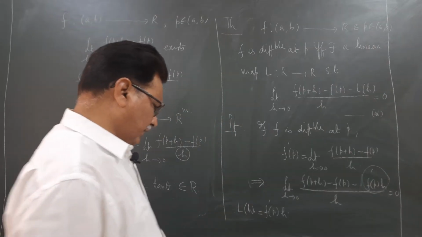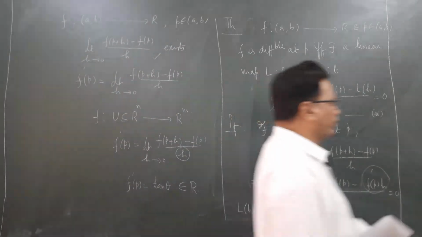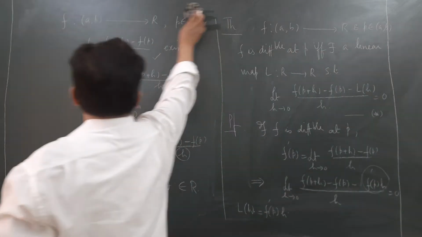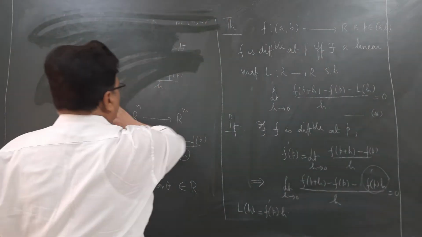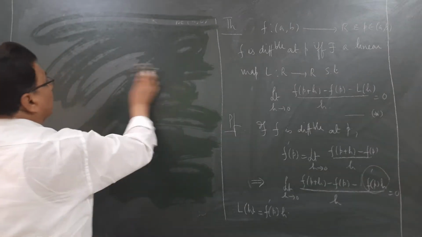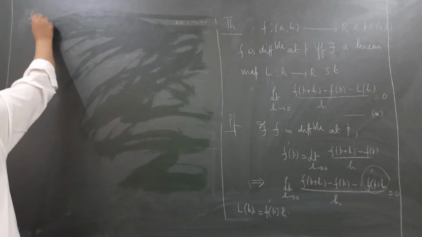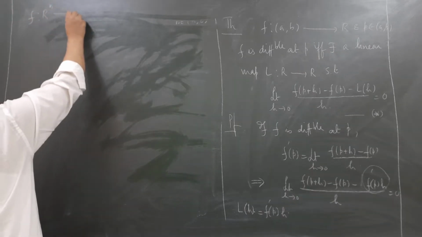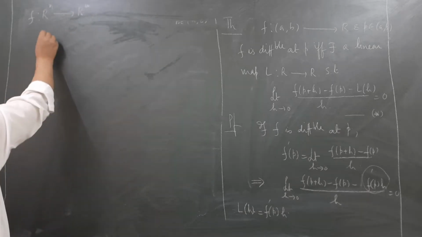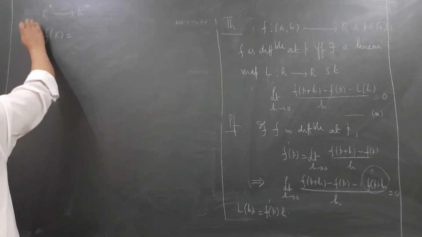In fact, if you look for any function from say Rn to Rm, in general, if you consider a function f from Rn to Rm, then if it is linear, it will be written as L(x) equal to Ax, rather than f.